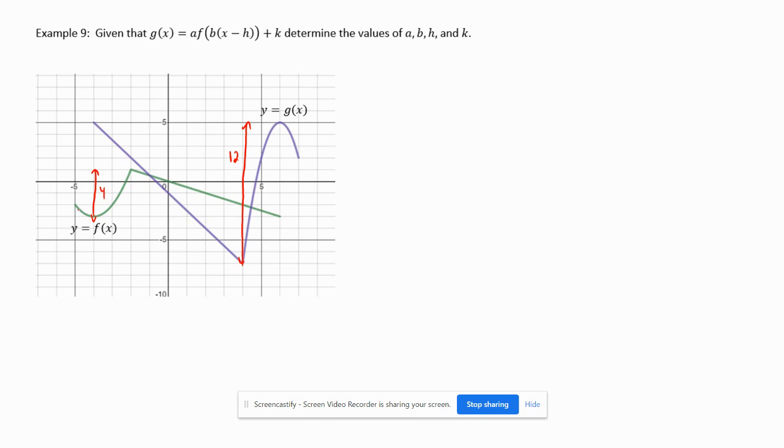Now also, if you see this graph is opening up for this part and now it's opening down for this part over here, that means there's also been a vertical reflection. So I'm going to say that my a value is -3. Let's look at my horizontal stretch over here. Here I'm going from -5 to 6, which is 11.